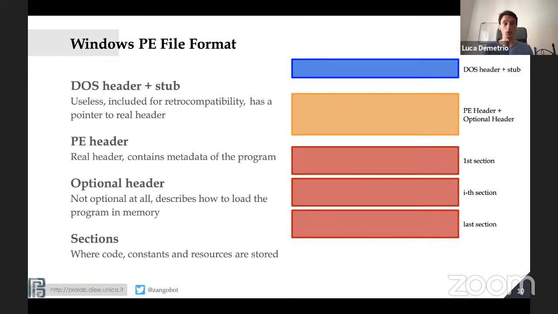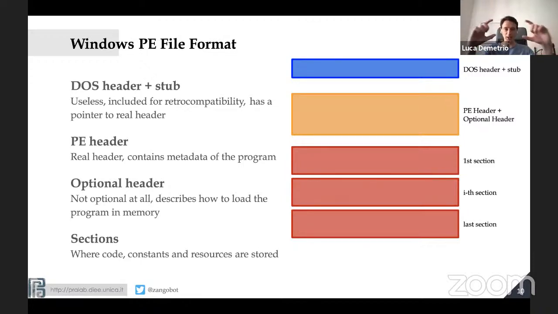I don't know how many of you are familiar with that, but I'll give you a short recap for filling the gaps. First of all, it's made up of several components. The first one is what you can see here, the so-called DOS header and stub, which is a chunk of bytes that is replicated in every program compiled on modern Windows operating systems. It basically says to a DOS environment that the file is not a DOS program, and that's it.